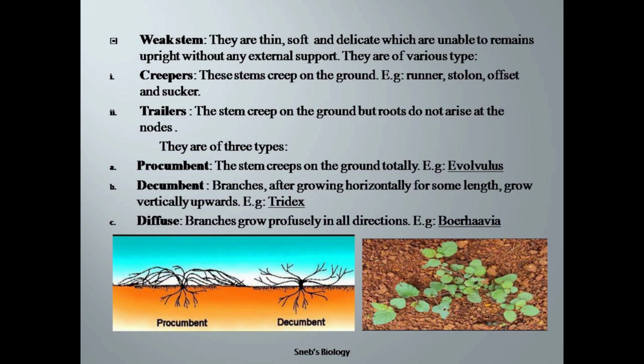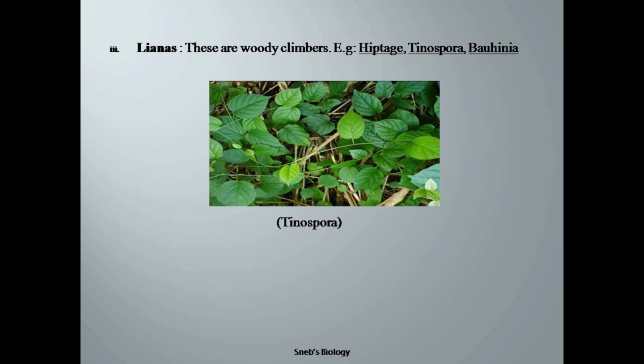In procumbent, the stem creeps on the ground totally. For example, Evolvulus. In decumbent, the branches after growing horizontally for some length grow vertically upward. For example, Tridax. In diffuse, the branches grow profusely in all directions. For example, Boerhavia. The third one is lianas.